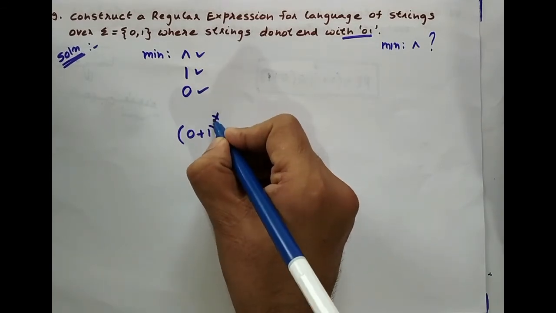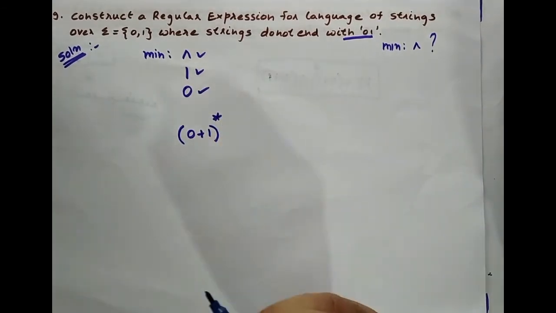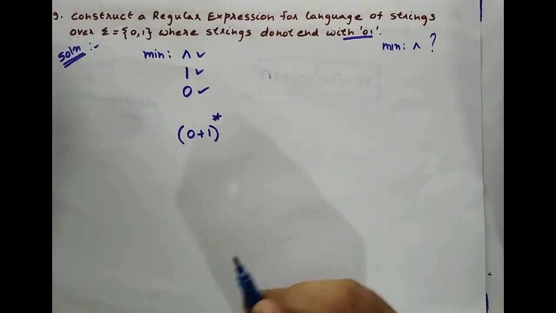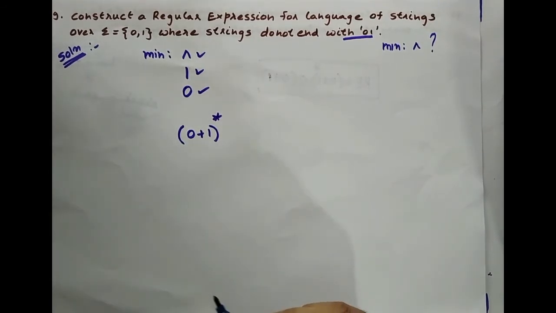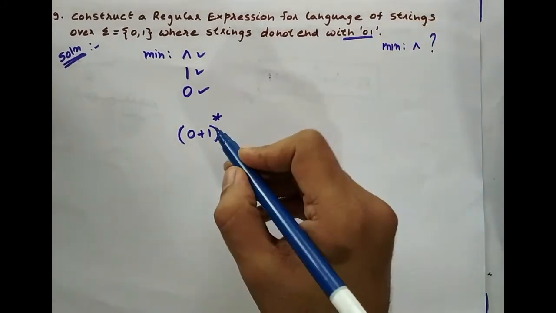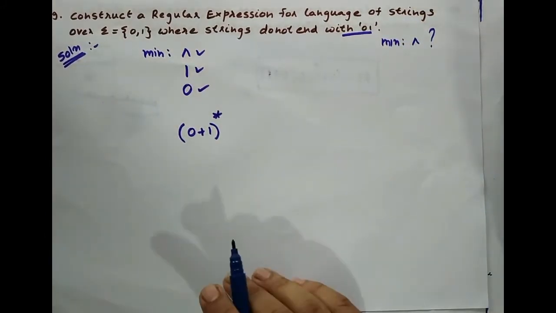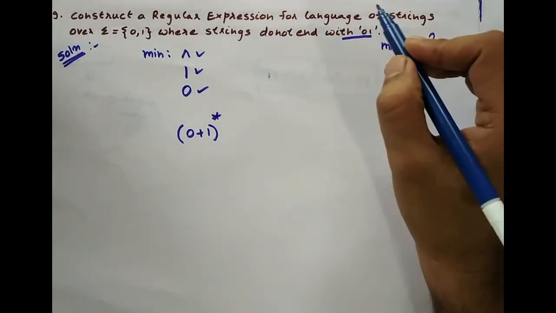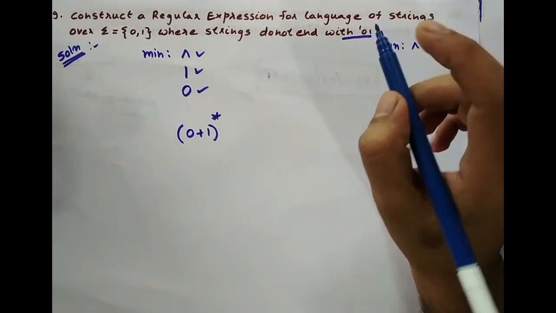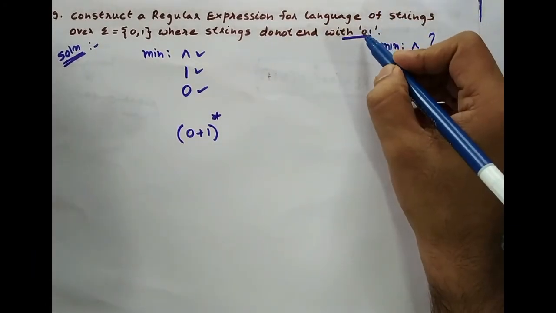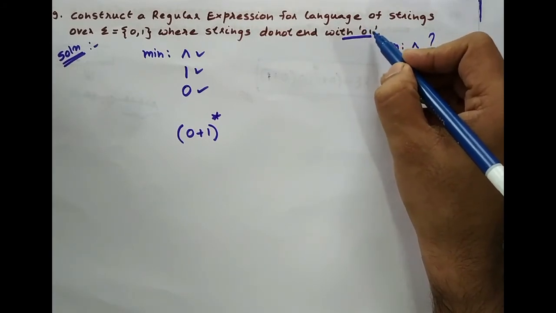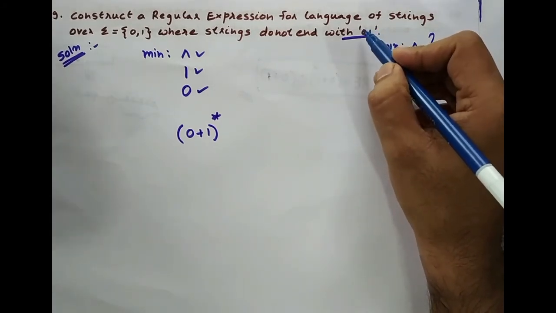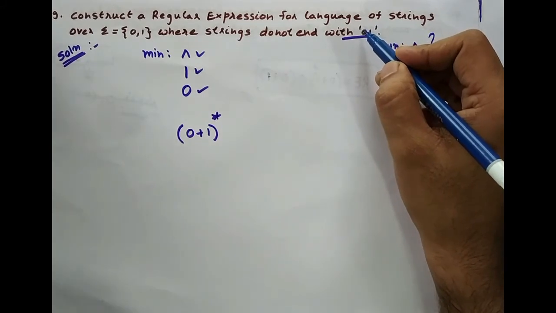We are not bothered about that. What we are supposed to consider is the last 2 symbols. It is clearly said that the last 2 symbols should not be 01, but anything else.